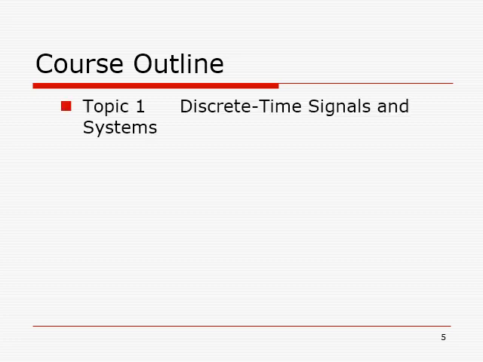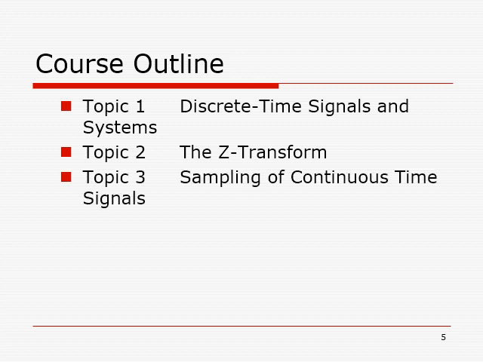So, something I'm going to cover in 650. First we talk about discrete time signals and systems. Then we talk about an important tool that can analyze discrete time signals, the Z-transform.